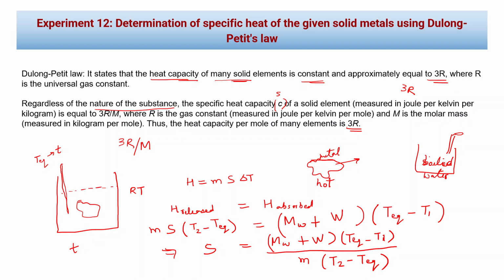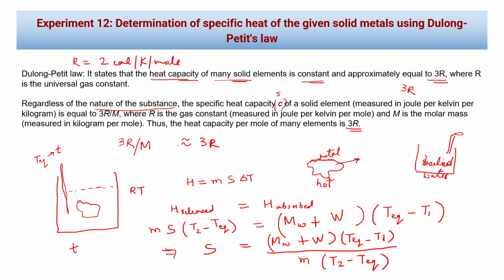From this expression we will be able to calculate the specific heat capacity, and we will be able to verify the Dulong-Petit law, because it should come out equal to 3R. Since R is the gas constant, its value is known. Its value is 2 calorie per Kelvin per mole.